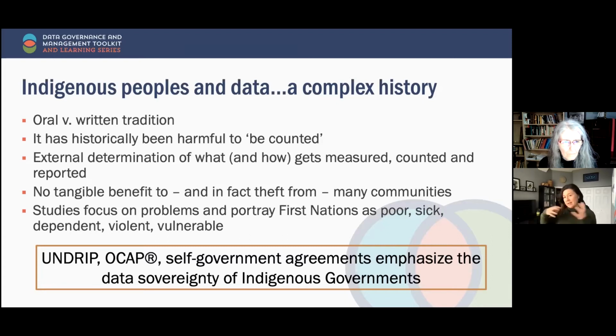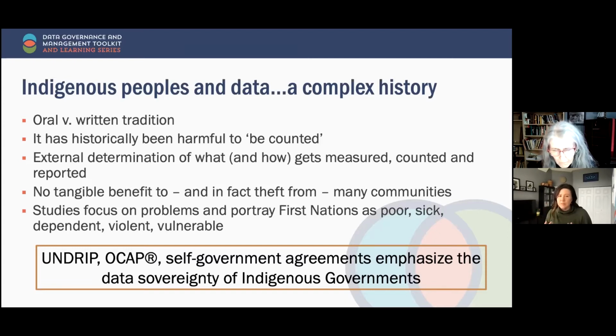And often our data is taken from our communities and used for someone else's benefit. So there's a long history here. And again, I don't want to trigger people, and I don't want to get into some long diatribe about it, but it's a very important context because it explains a couple of things.